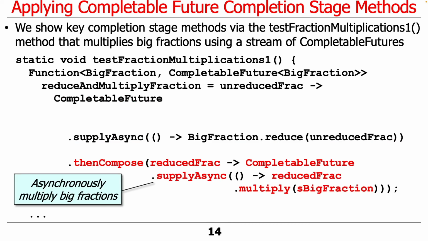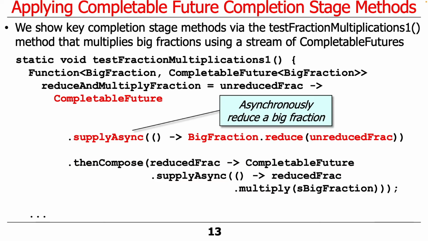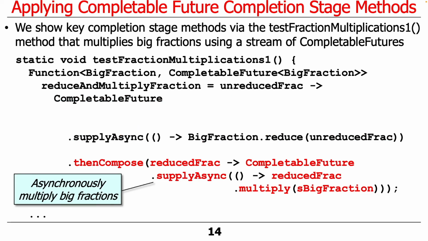And then we use thenCompose to take the result that reduced the unreduced big fraction, and it will then go ahead and asynchronously multiply it by some constant. And you can see it's asynchronous because we use the supplyAsync factory method a second time. We used it up here, and then we use it again down there to run that in the background.